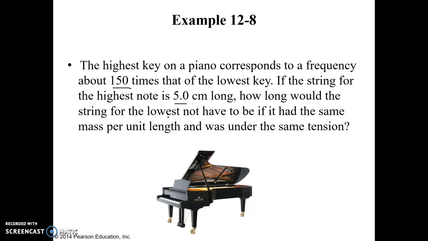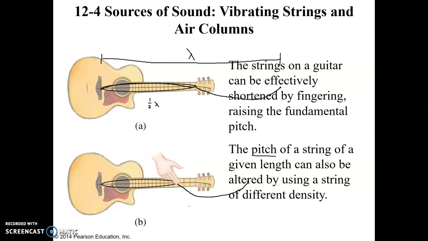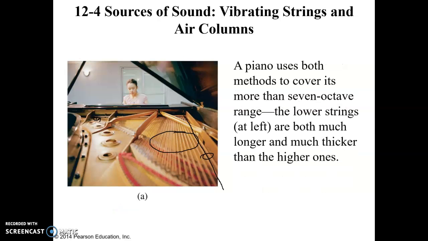I guess that's actually a third way to affect a note. If we go back to the guitar example here, a guitar has these tuning pegs on it, and they can be adjusted to tighten or loosen the strings, and that tension affects the pitch of the sound wave.